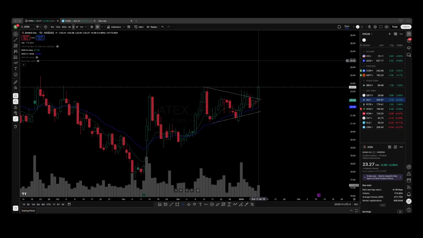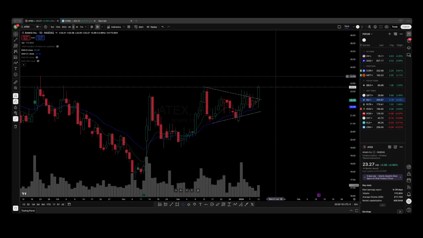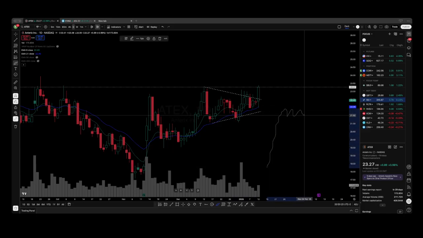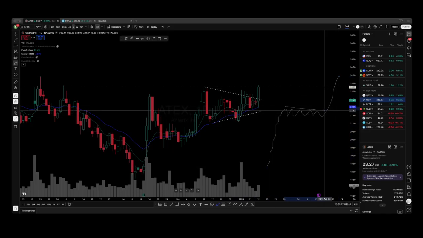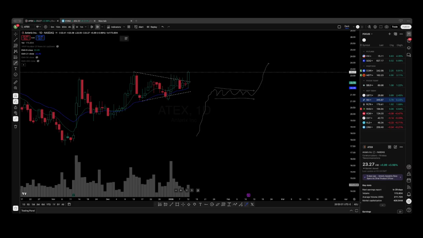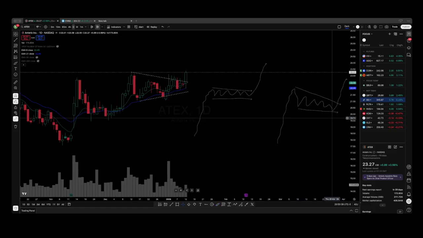But I will say the compression that I like usually moves slightly lower, right? What I mean by that is instead of compression that looks like this, I personally like trading compression that looks like this. Does that make sense?